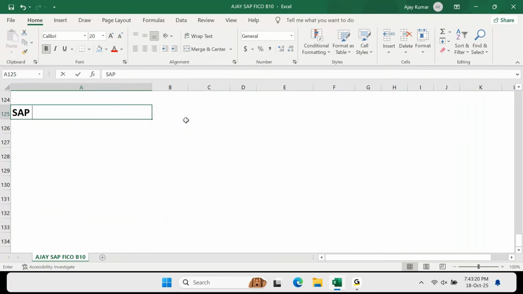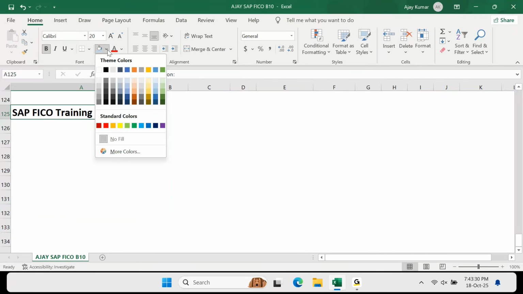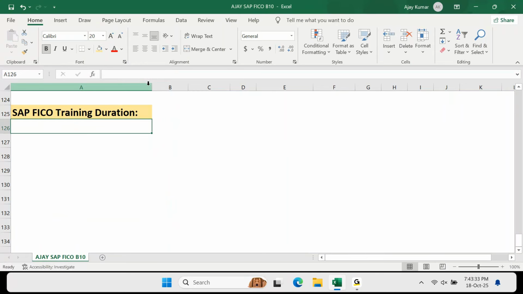Now, if we say SAP FICO training duration, in general, when somebody talks about SAP FICO training duration, it will range from 45 days to let's say 4 months or 6 months. Am I right?